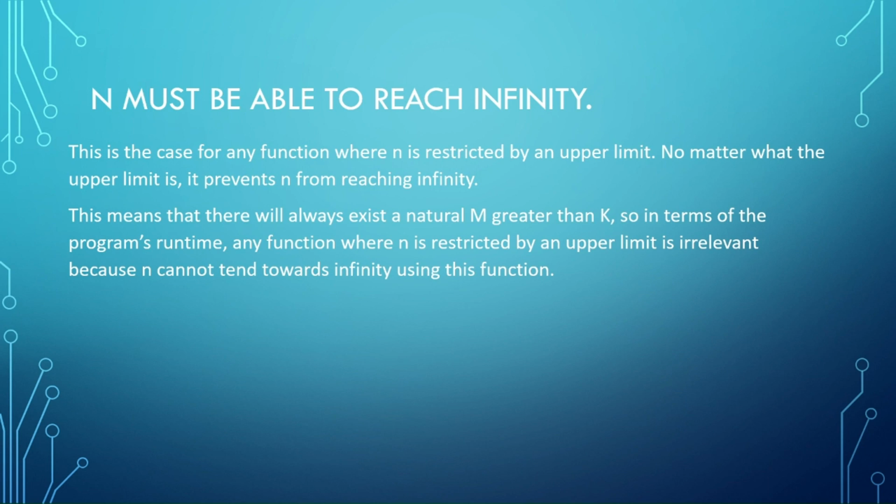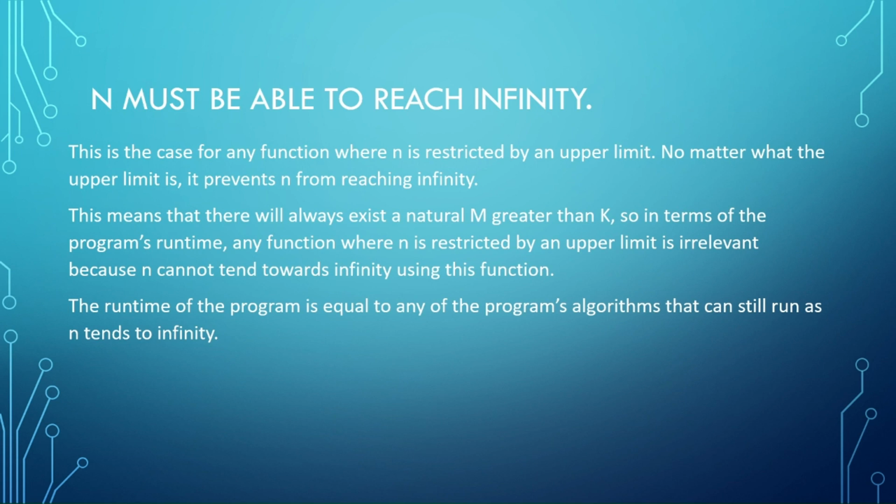So if n is restricted by an upper limit, then the function will be irrelevant because n cannot tend towards infinity. So we can just choose a value of the natural m for which n is always small in the first function. The runtime of the entire program is equal to the runtime of any of the program's algorithms that can still run as n tends to infinity.